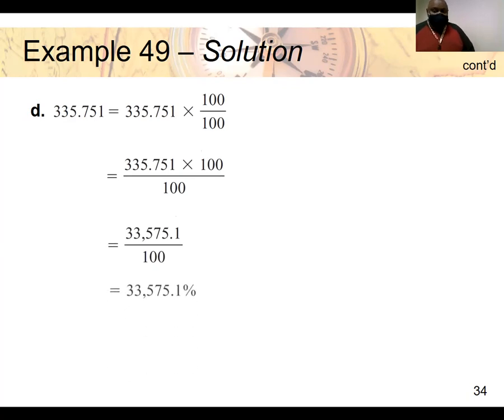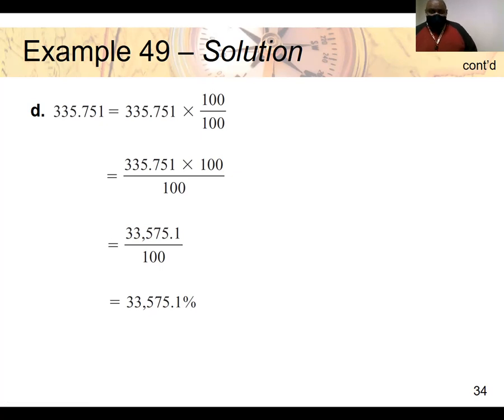And this will end up being 33,575.1%. Or simply multiply that decimal by 100, and you'll get this final answer. And then tack on the percent sign. Okay.